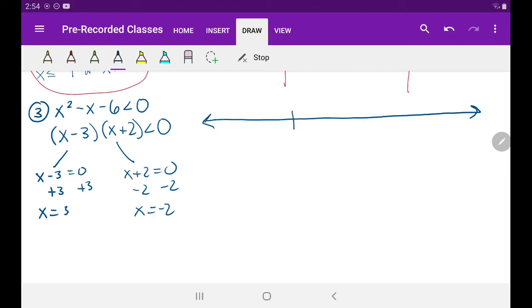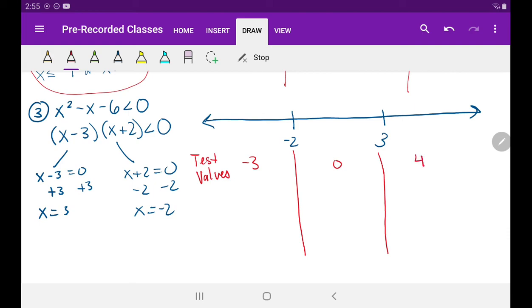So I'll have negative 2 and then 3. Then we'll pick our test values, and remember to make things easy on yourself when you pick them. Let's go with negative 3, 0 (0 is always a nice option), and then 4.